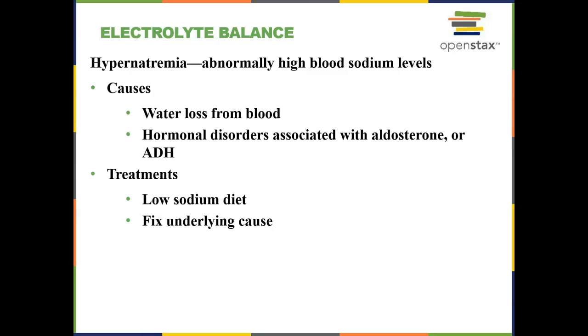And so this can be caused because we're just eating too much sodium, but it can also be caused if we lose too much blood or water from our blood, or different disorders where we're not controlling sodium. So maybe there's too little aldosterone, or too much aldosterone being produced. So we're increasing the amount of sodium in our system continuously.